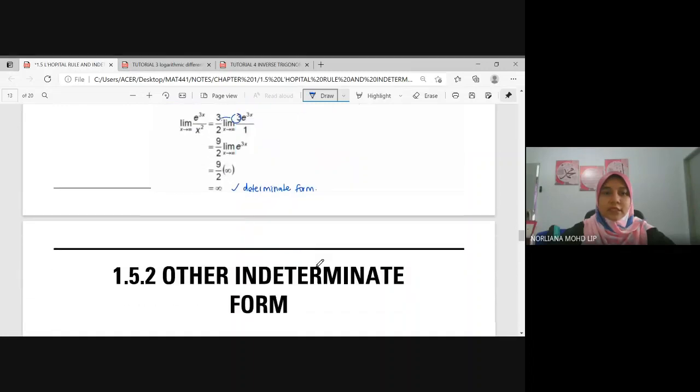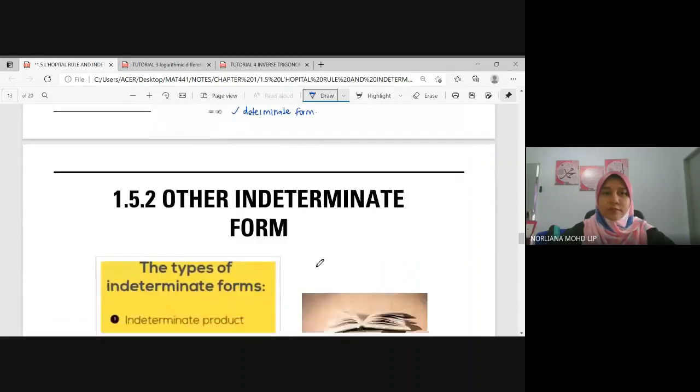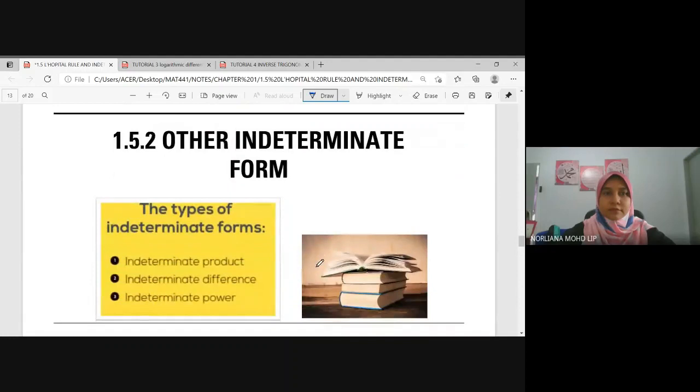Okay, let's look at the other indeterminate forms. Before this we have learned the indeterminate forms 0 over 0 and infinity over infinity.